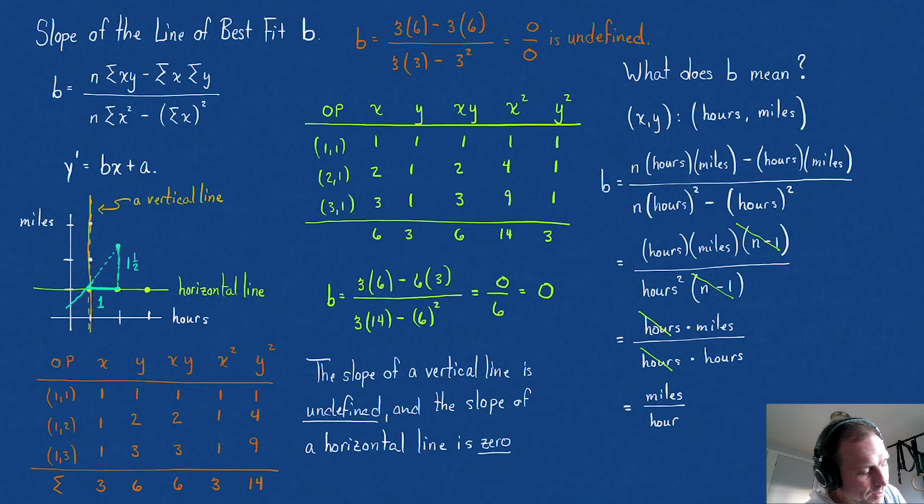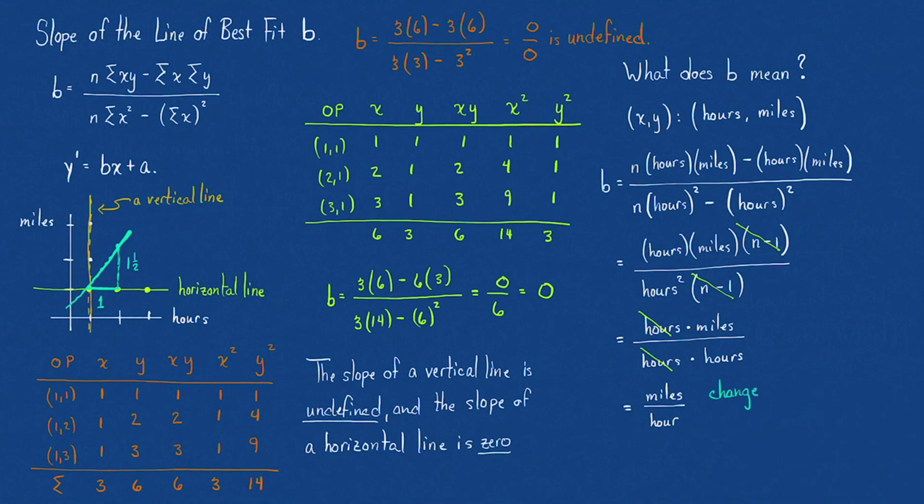And so what B represents is this. It's the change in the dependent variable for 1 unit of change in the independent variable.